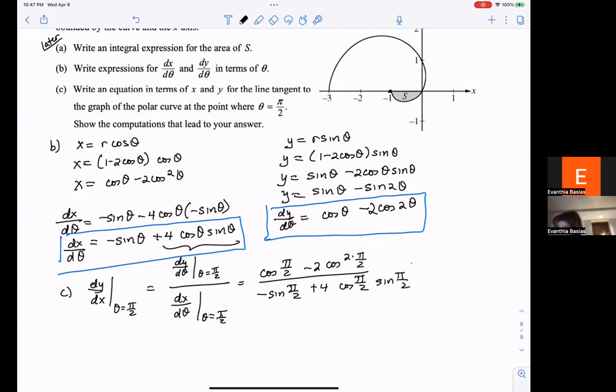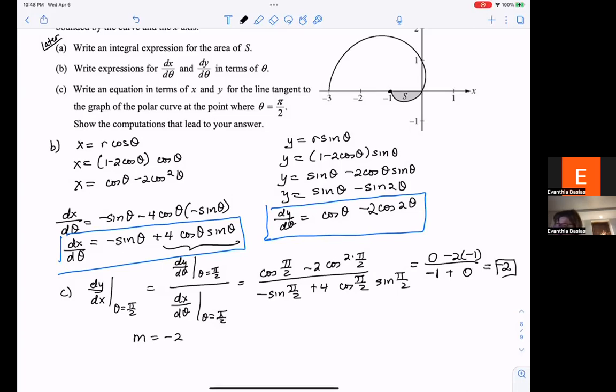Anyway, cosine pi over 2 is 0, and cosine of pi is negative 1. And sine of pi over 2 is 1, but we put the negative there. And the other part will be just 0. So the answer is negative 2. That's the slope of the tangent line.